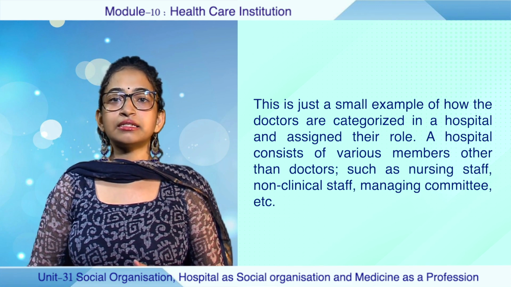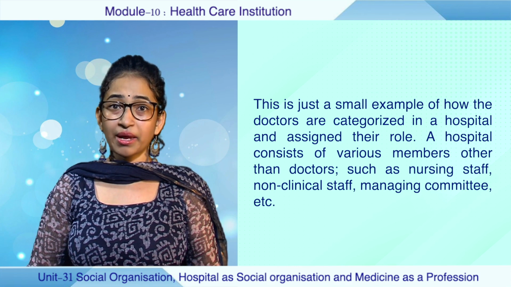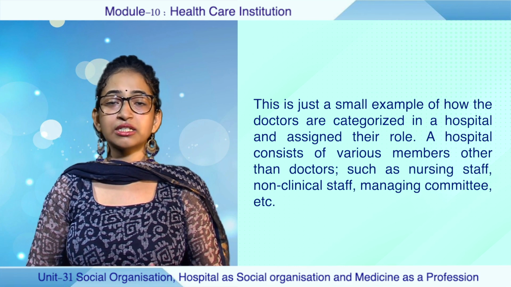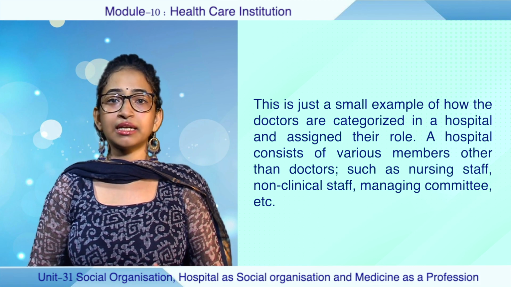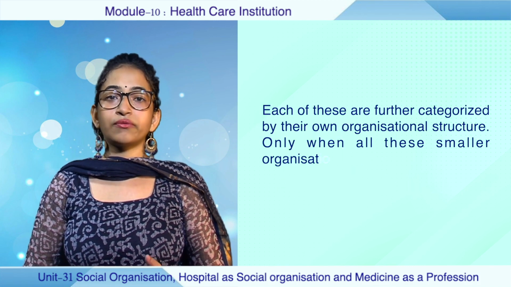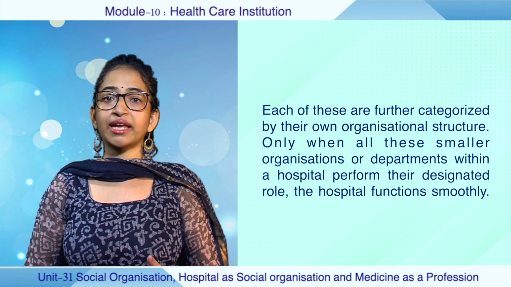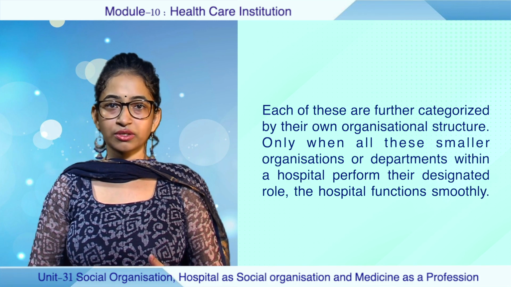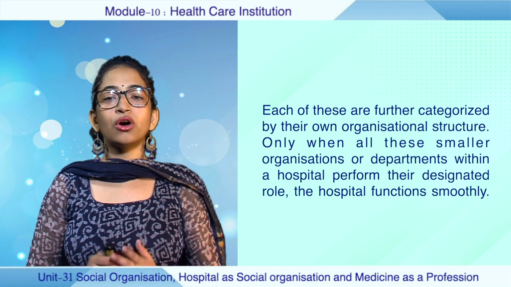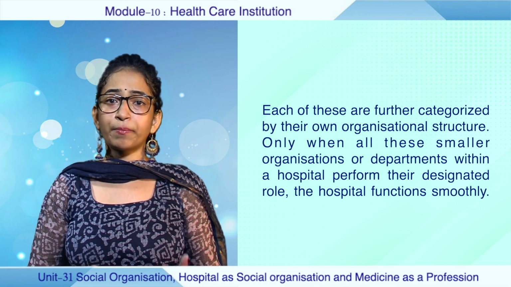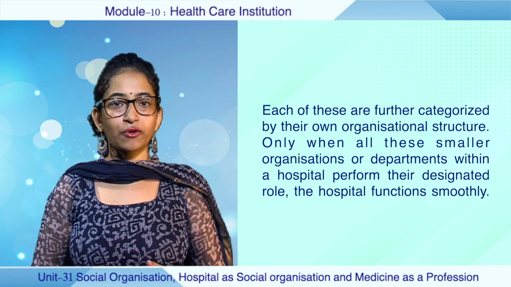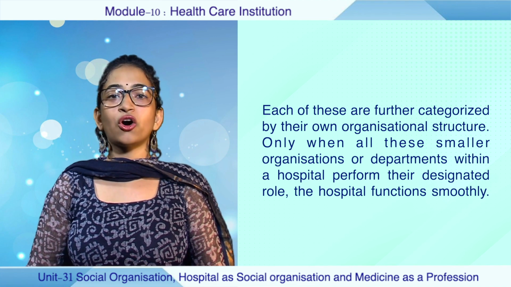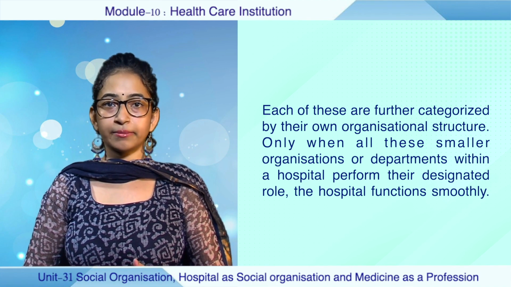A hospital consists of various other members than the doctors, such as the nursing staff, non-clinical staff, managing committee, etc. Each of these are further categorized by their own organizational structure, and only when all the smaller organizations or parts or departments within a hospital perform their designated role, the hospital can perform smoothly.